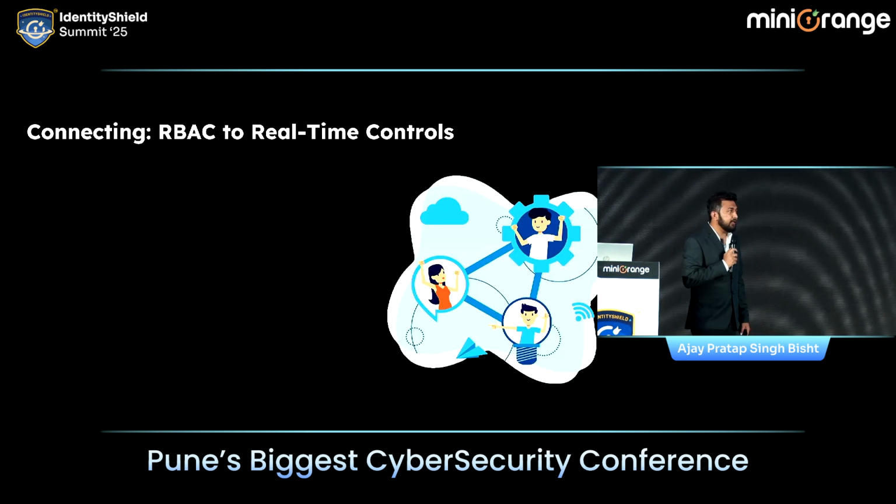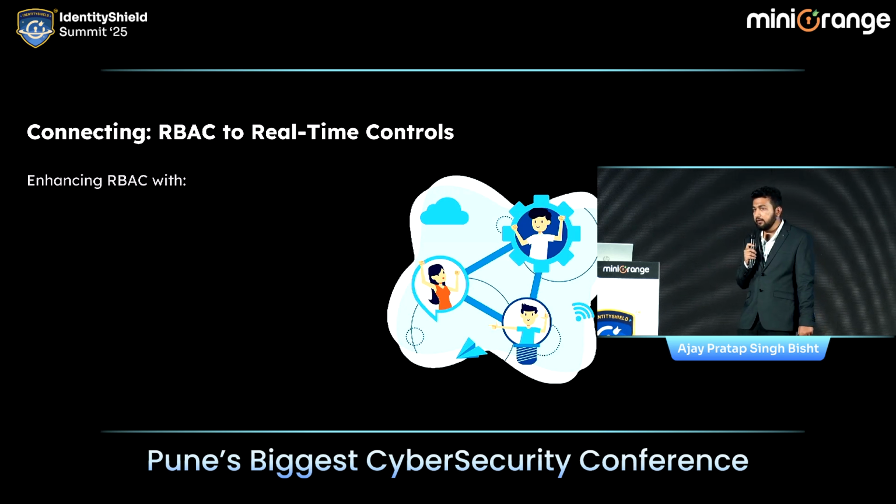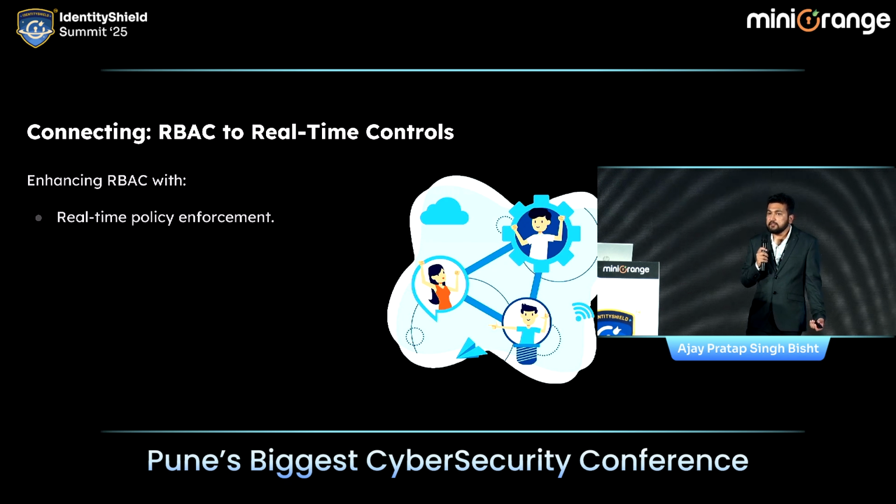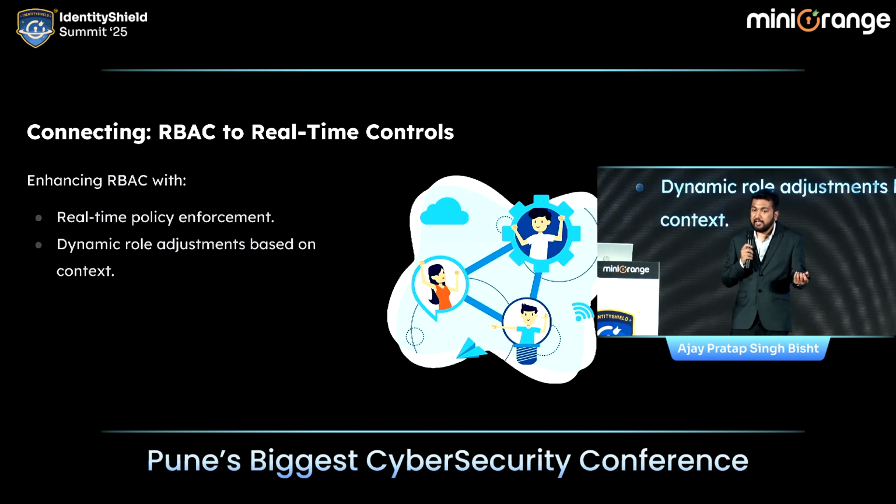Next, we will be connecting RBAC to real-time controls. How can we do that, and how does it enhance RBAC? First of all, real-time policy enforcement, which we already discussed. Then dynamic role adjustments.